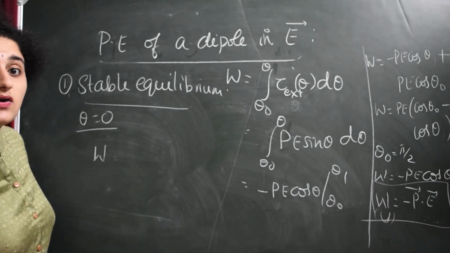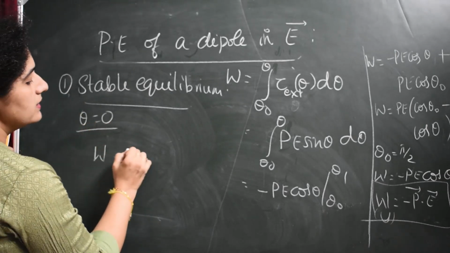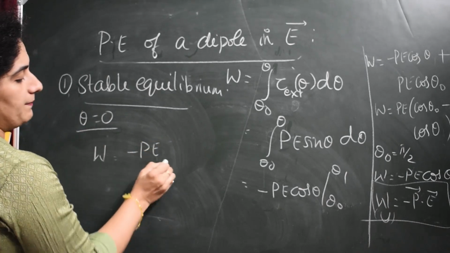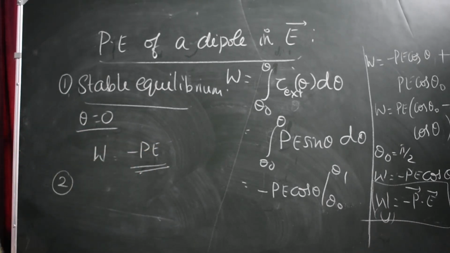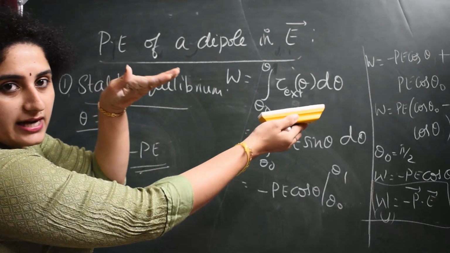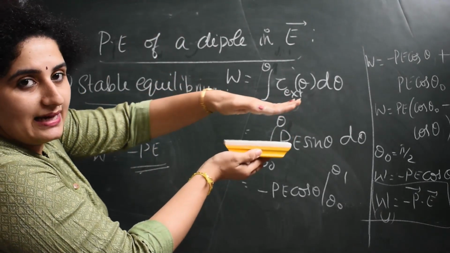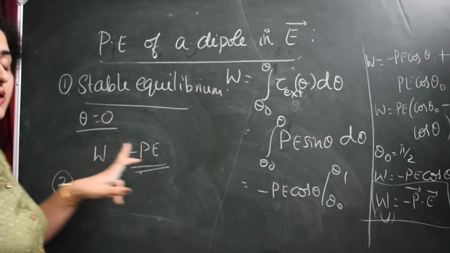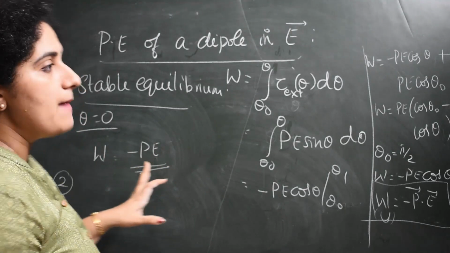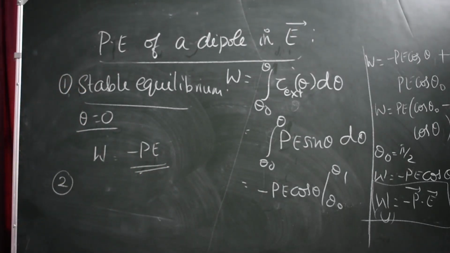Cos 0 is 1, so it is minus PE. So we tell that the dipole is in stable equilibrium when theta is 0. If this is the direction of the electric field and you keep the dipole in this way, then you get work done as minus P dot E, or minus PE.